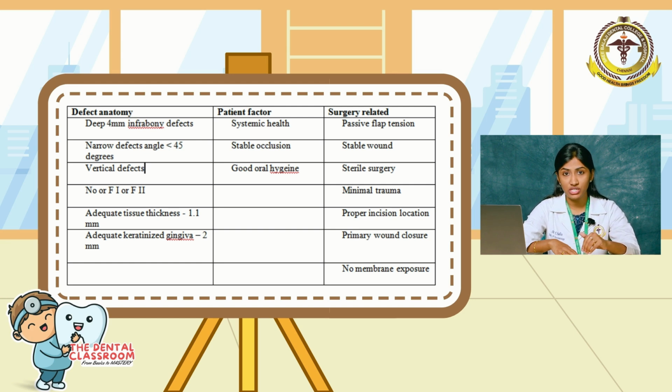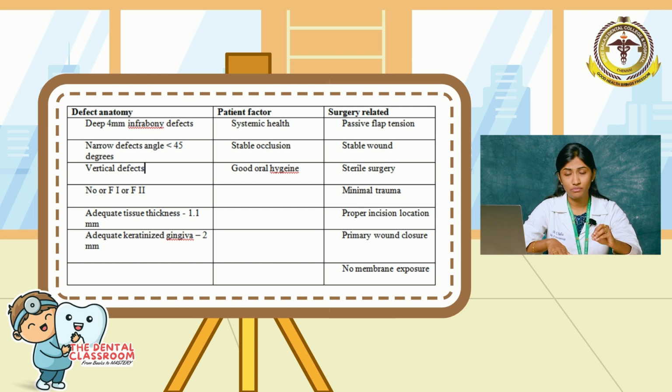And the third one is surgical related factors. It should start from incision design to the suturing protocol till the closing of the wound area. The incision design should be in such a way that it has an adequate releasing incision for flap mobilization, minimal trauma, and should not disturb the blood supply to the healing area.